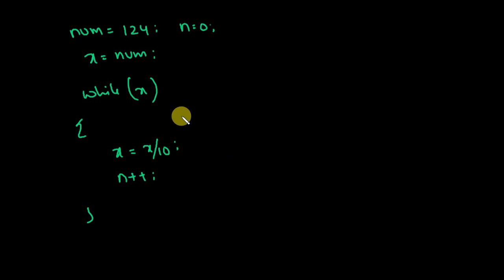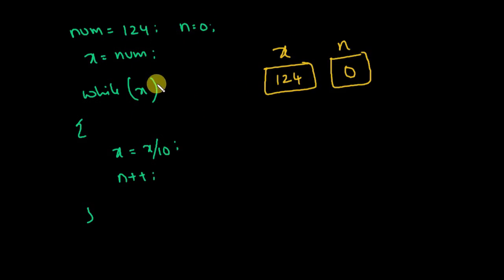For example, x is 124, which is a true value. 124 by 10 is 12, so x is now 12, and n is incremented to 1. Now x is 12, and 12 by 10 is 1, so x is 1 and n is incremented to 2.